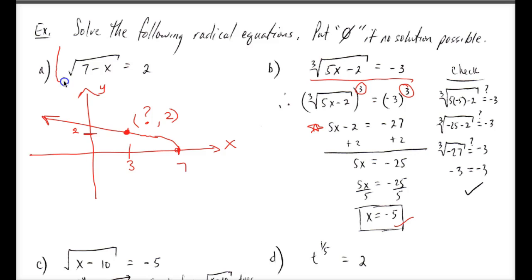So what this actual equation is asking is give me the x value for the function square root of 7 minus x, which looks like this, when your y coordinate on the point of that graph is 2. So put another way, here's the point.